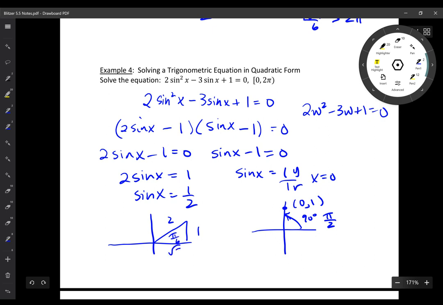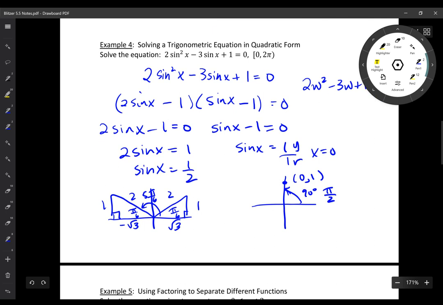So I get pi over 6, and then this would be 5 pi over 6. So I get my angles. X is going to be pi over 6 or pi over 2 or 5 pi over 6.